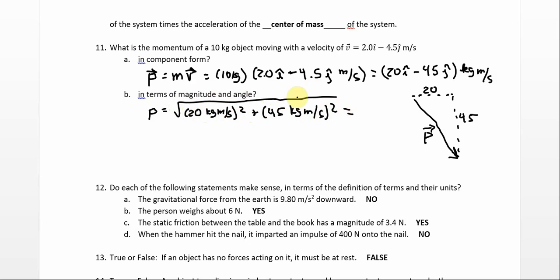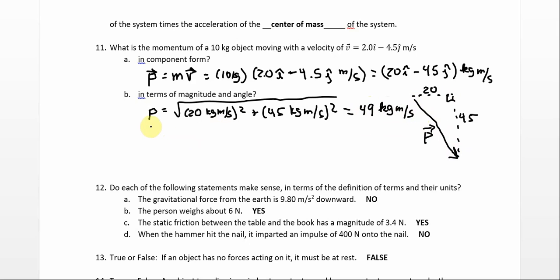I never make my square root symbol long enough at first. And that equals, go to your calculator, 49. With two significant figures, it's 49 kilogram meters per second. So that's the length of this diagonal part of this triangle, 49.